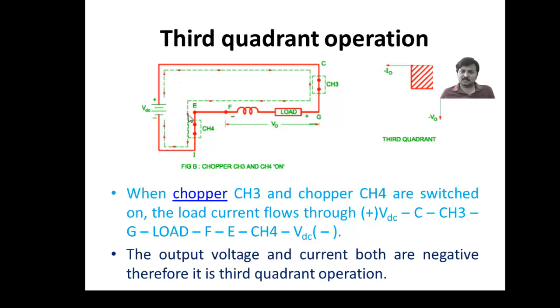The current is in this direction, and the voltage is positive here and negative here, so both are in the reverse direction. The current is reversed as well as the voltage. The output voltage and current are both in the negative direction, so it is a third quadrant operation.